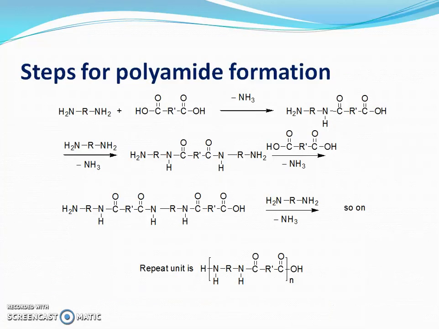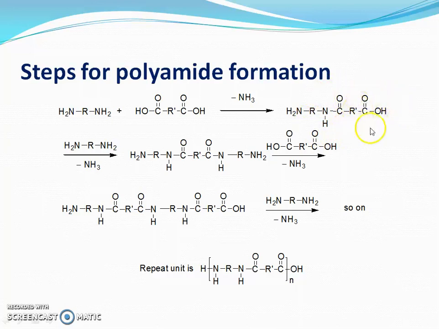Now likewise, we will describe the polyamide formation, where the monomers are diamine and the dicarboxylic acid. Now the amine end will condense with the carboxylic acid end, and thereby the elimination of ammonia molecule will lead to the formation of the amide linkage.